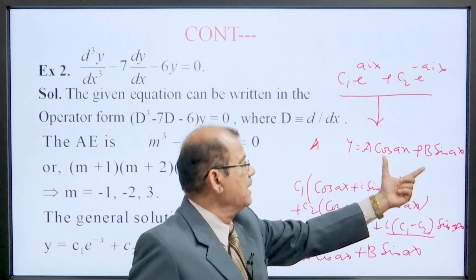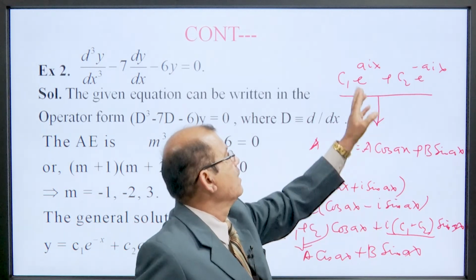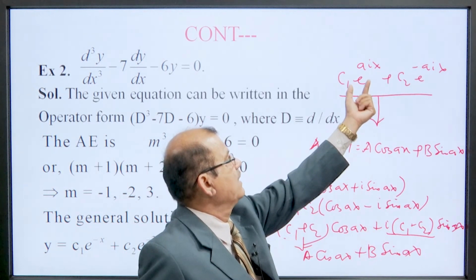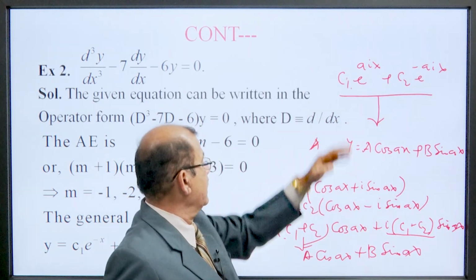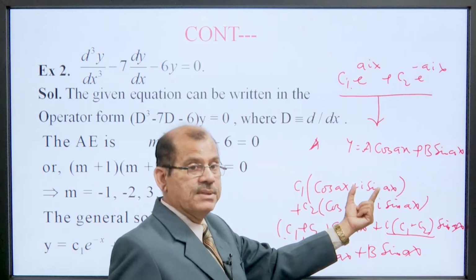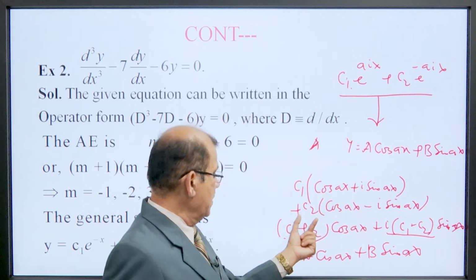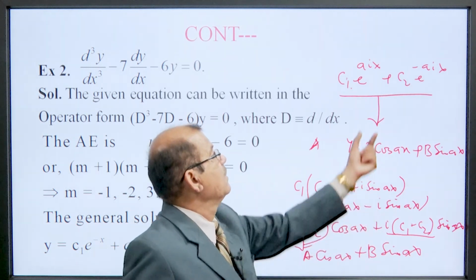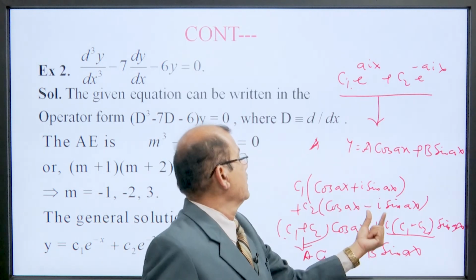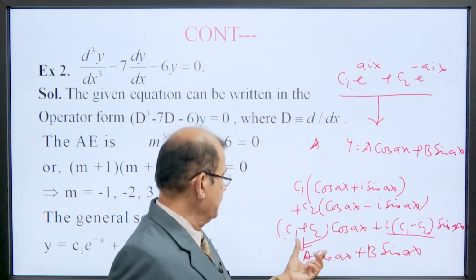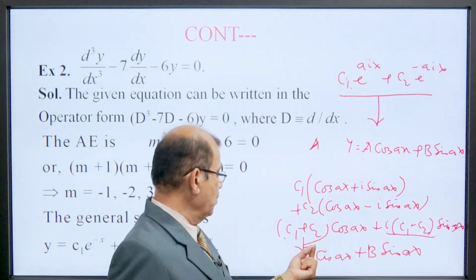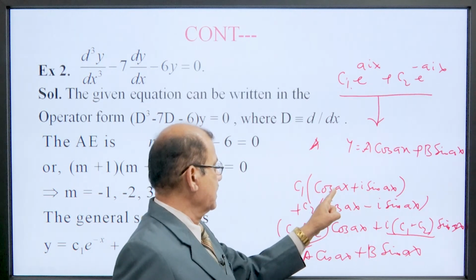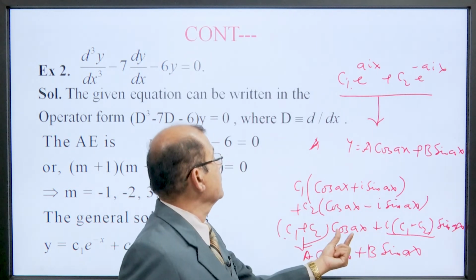How can we find this solution? We have to expand the exponential e raised to the power aix, which gives cos ax plus i sin ax, plus C2 (cos ax minus i sin ax), because the power is negative. Combining cos and cos, we have (C1 plus C2) cos ax.